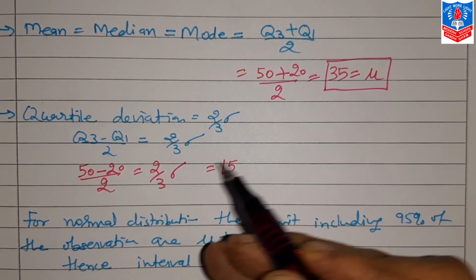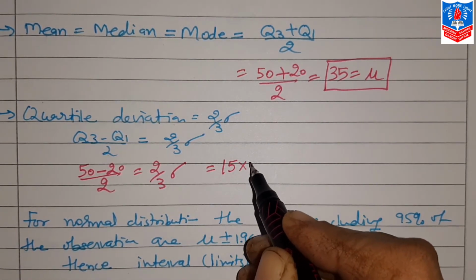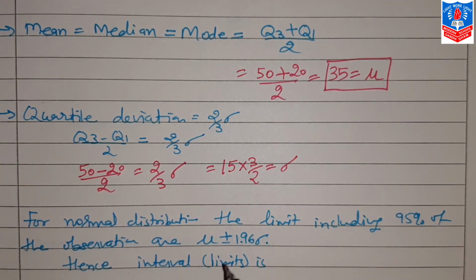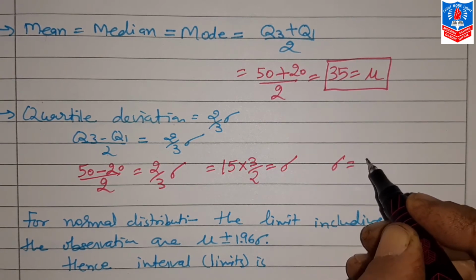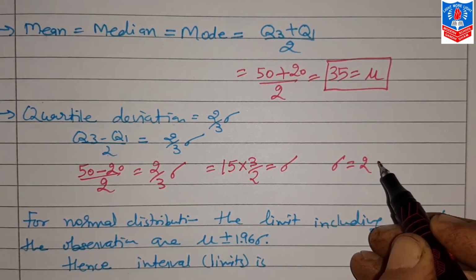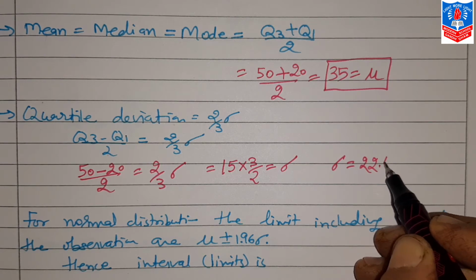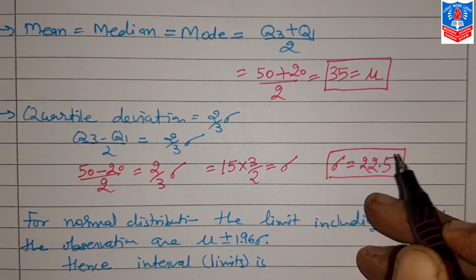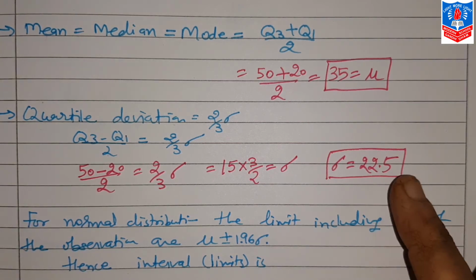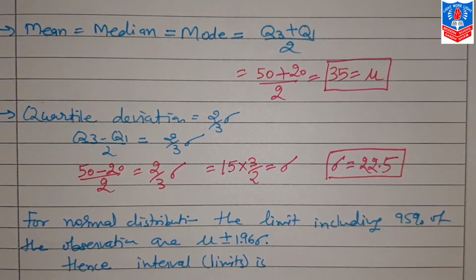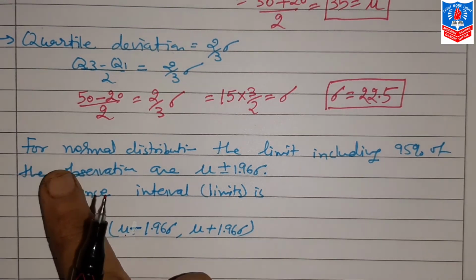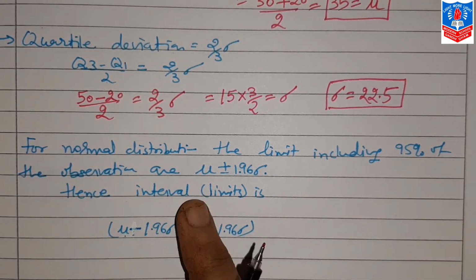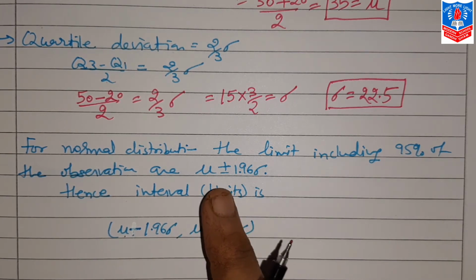Now this 2 by 3, if I take it to this side, it will be 3 by 2, and ultimately we get sigma. Sigma, or standard deviation, when we divide and multiply, we get 22.5. So our sigma value is 22.5.